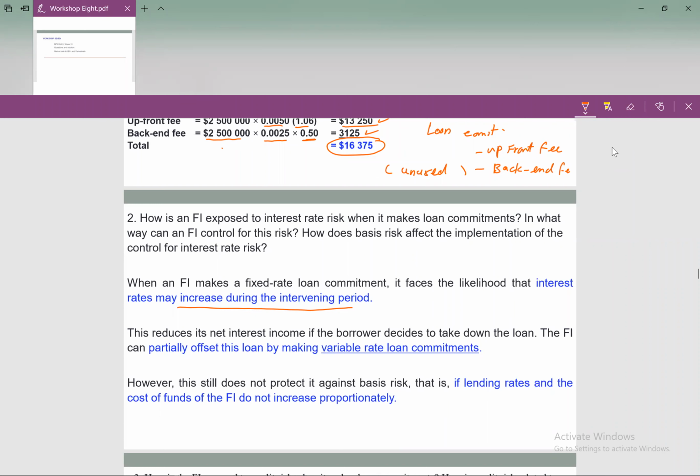So if the interest rates change, then there will be risk for the financial institution, because you will lend that loan with a cost less than the market. You can always change, or you can make it a variable rate.